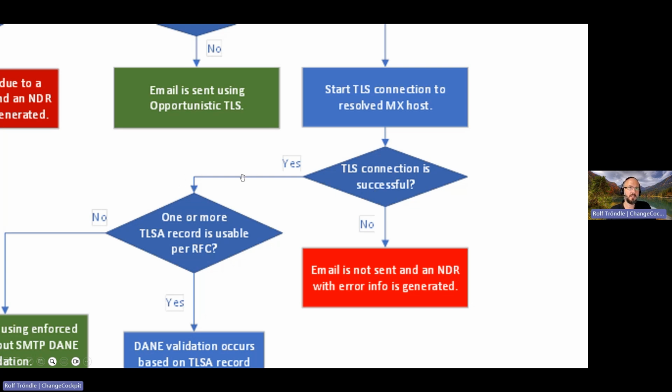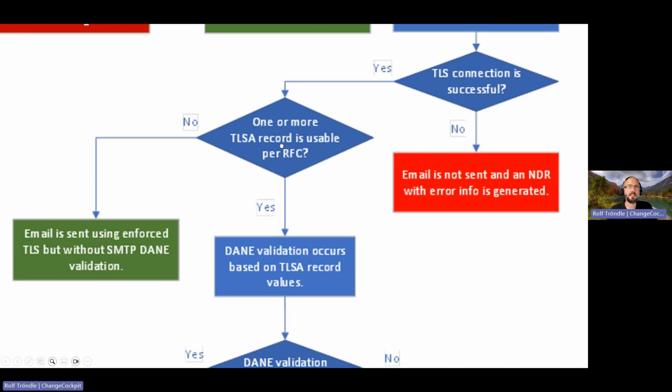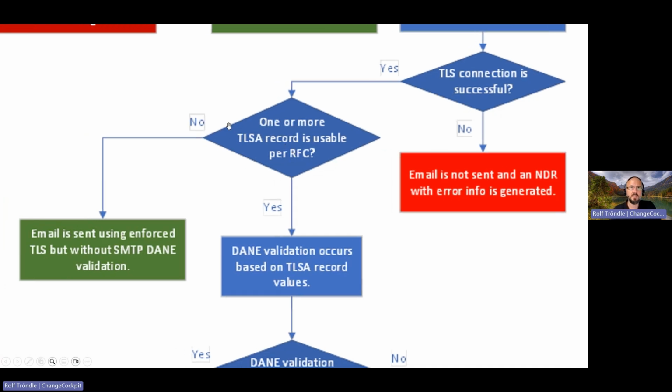If the connection is successful, is one or more TLSA record usable per RFC? If it's not valid per RFC, meaning 311, the email is sent using enforced TLS, but without SMTP DANE validation. So we will only enforce TLS by now because there is a TLSA record, but it's not RFC compliant. We will fall back still to at least enforced TLS.